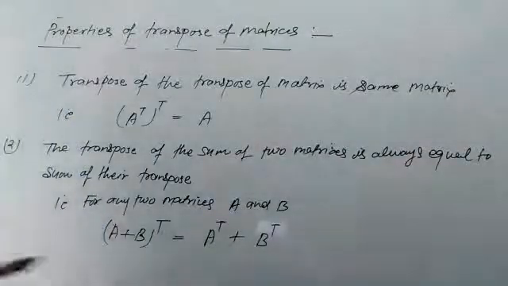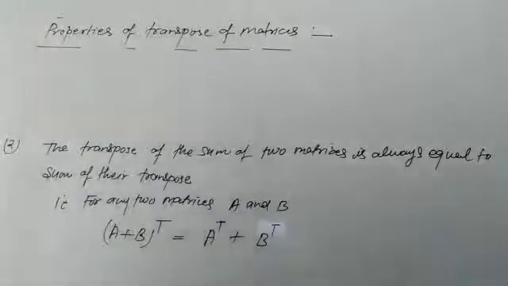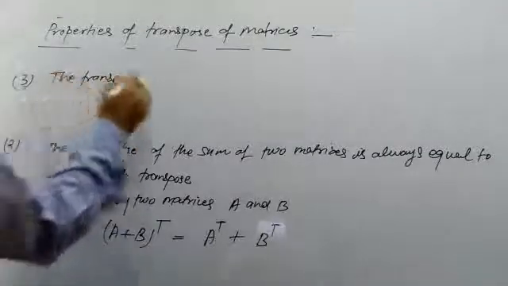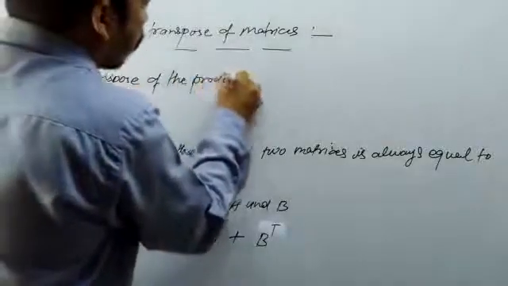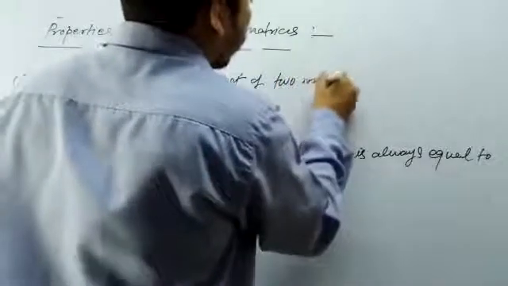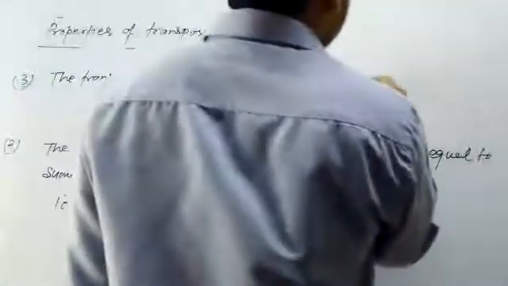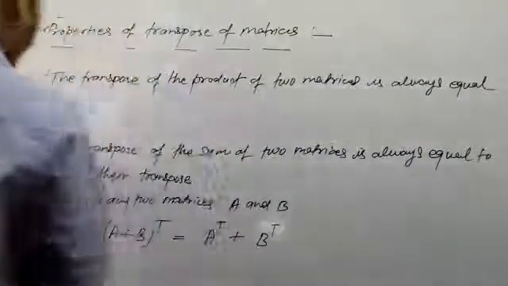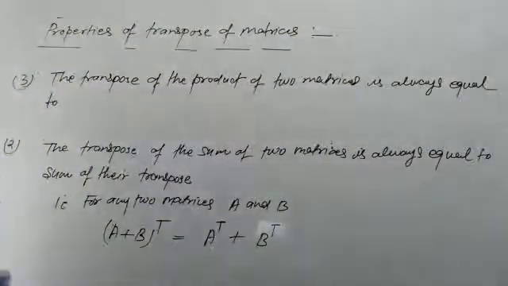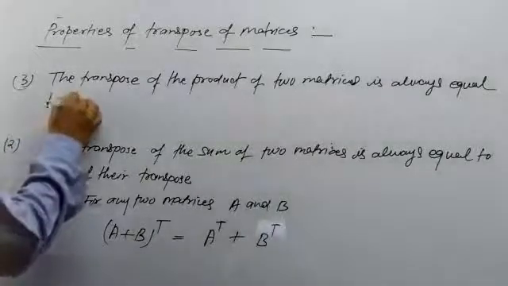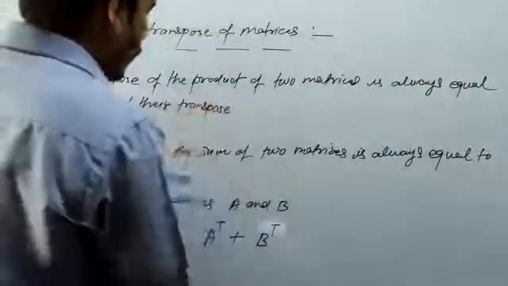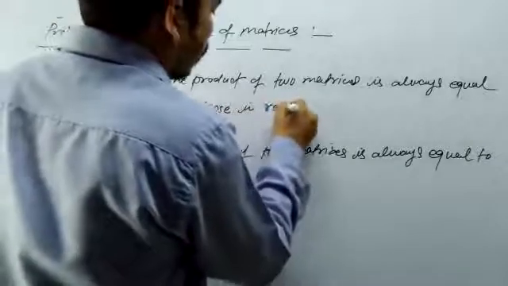Now come to the third property. The transpose of the product of two matrices is always equal to the product of their transposes in reverse order.